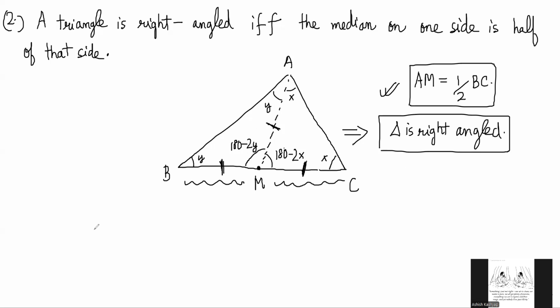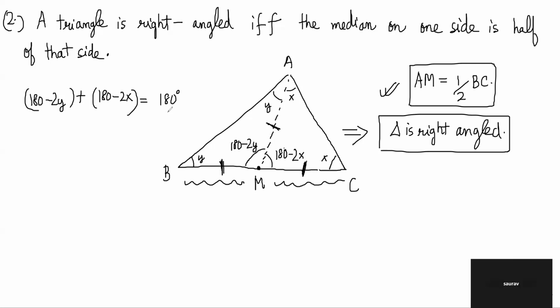Then 180 minus 2y plus 180 minus 2x should add up to 180. So from here, it follows that x plus y is equal to 90 degrees.